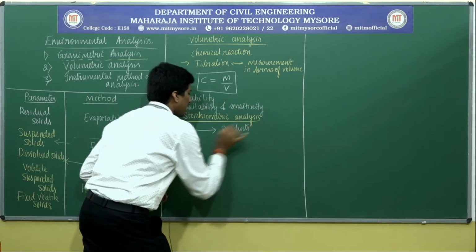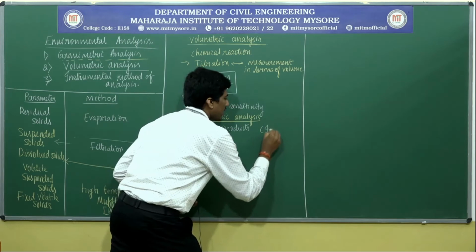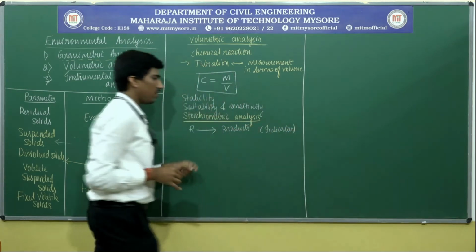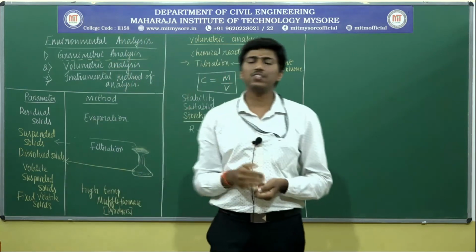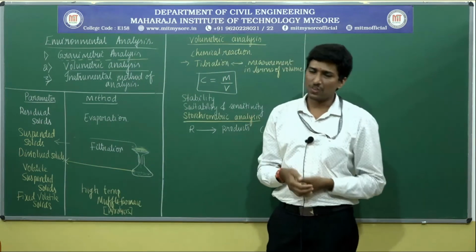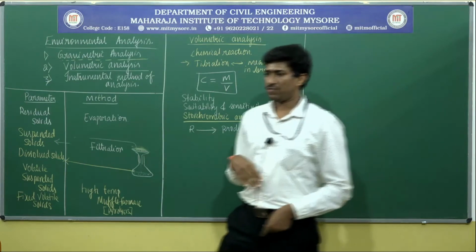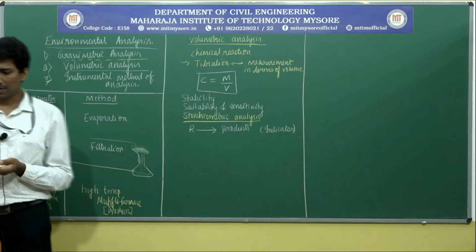How are the products obtained? Either through the usage of an indicator. It has certain classifications in the volumetric method. What are those? Let me go for the classification. Okay.